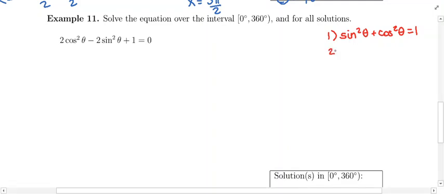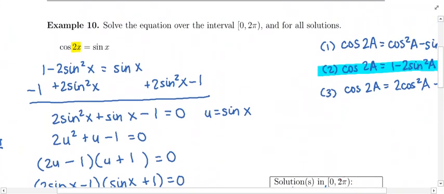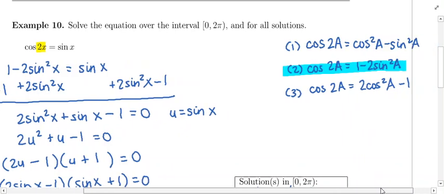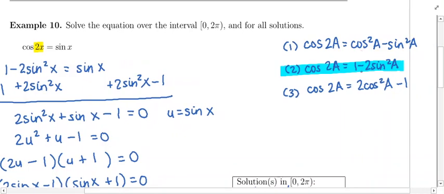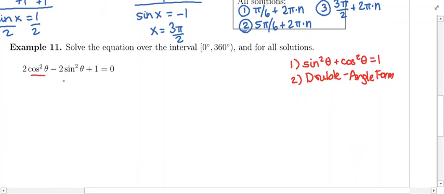Another thing you can do is use a double angle formula. If you go up here, remember when we were working example 10, I had written out the 3 double angle formulas for cosine. And this first one has a cosine squared minus a sine squared, and that's exactly what we have here, cosine squared minus sine squared.